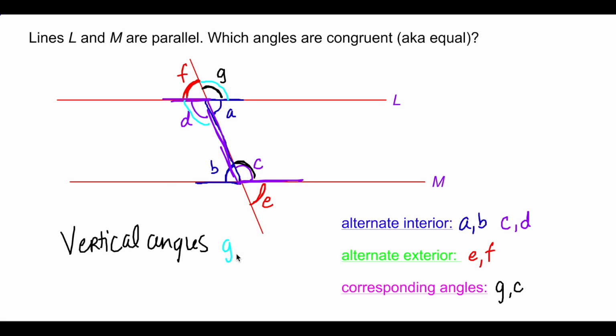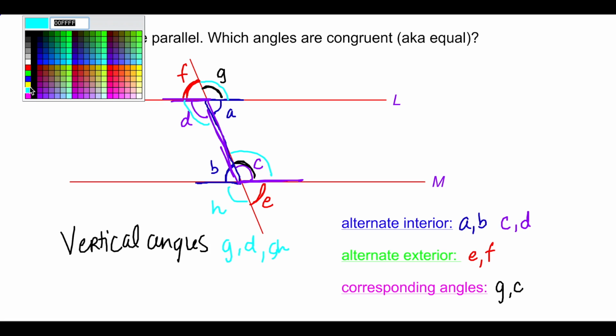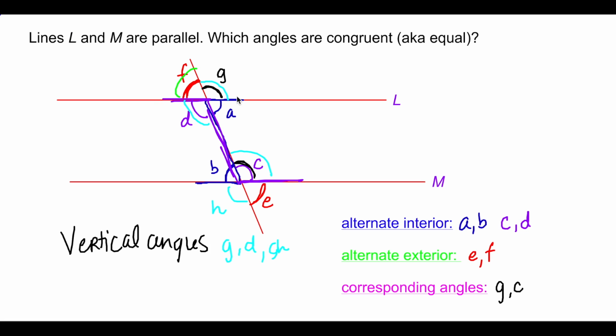We also have C, and we'll label this one H, which are also vertical angles and also equal to G and D. The other set here, finally, is F, A, and then B and E. Those are all vertical angles and corresponding angles. All right, folks, that's it. Let's check out a practice problem.